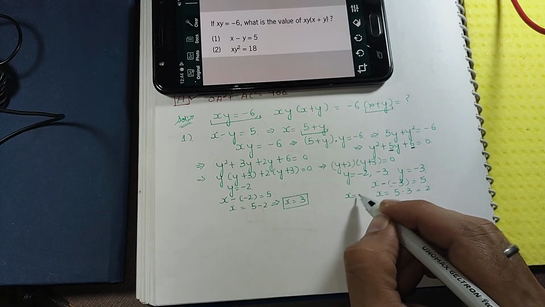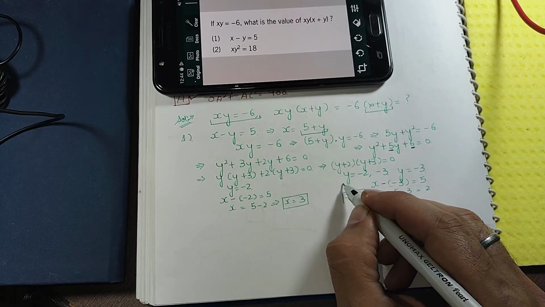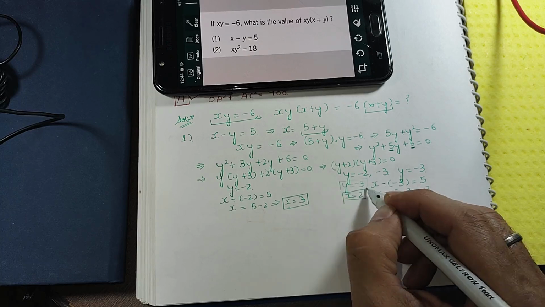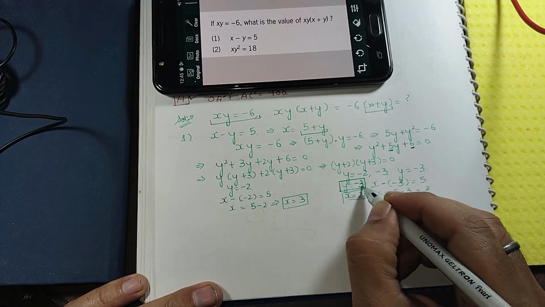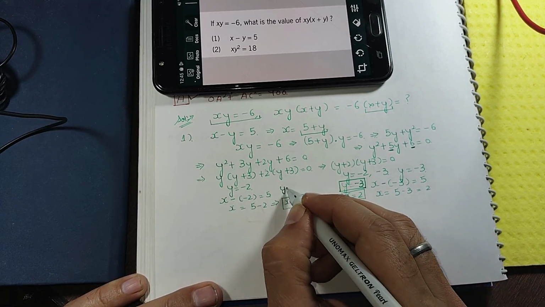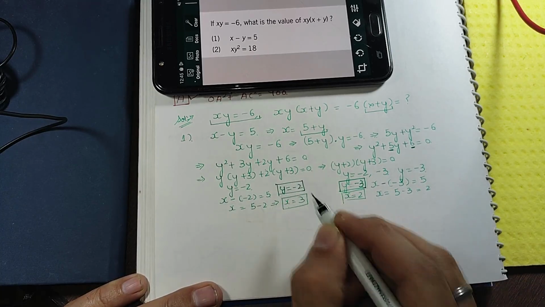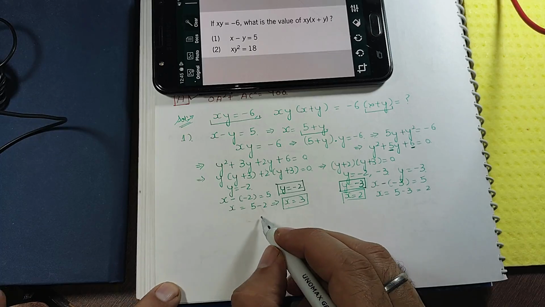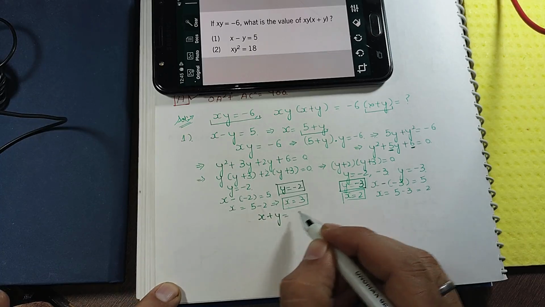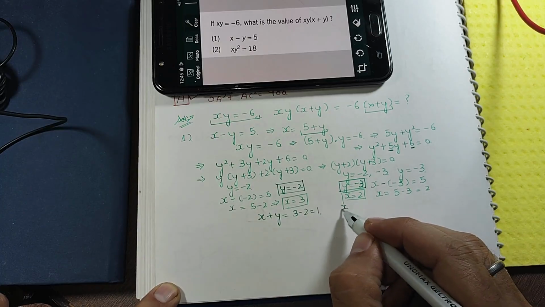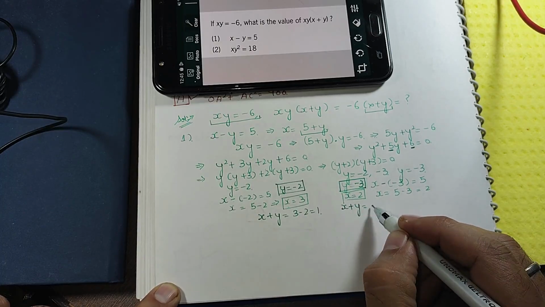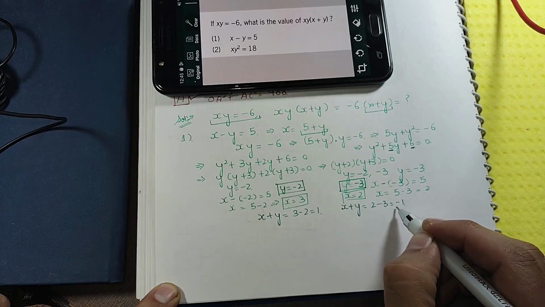So x is coming out equal to 2 when y is equal to minus 3, right? So when y is equal to minus 2, x is equal to 3. So x plus y in this case will be equal to 3 minus 2, which is equal to 1. And in this case x plus y is equal to 2 minus 3, which is equal to minus 1.